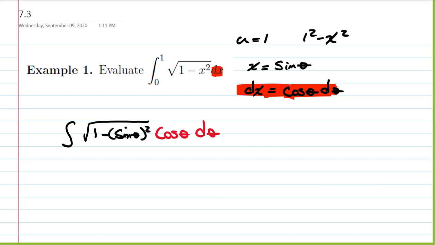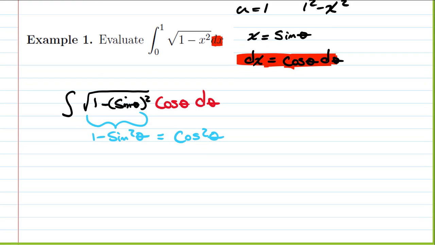We've now transformed this integral into something that involves only thetas, and we no longer have x's. The expression underneath our radical now is 1 minus sine squared theta. But we know by the Pythagorean theorem that 1 minus sine squared theta is the same as cosine squared theta. So then this would give us the integral of the square root of cosine squared theta times cosine theta d theta.